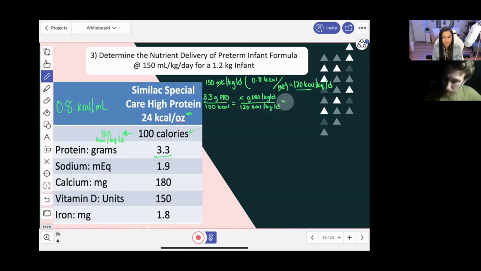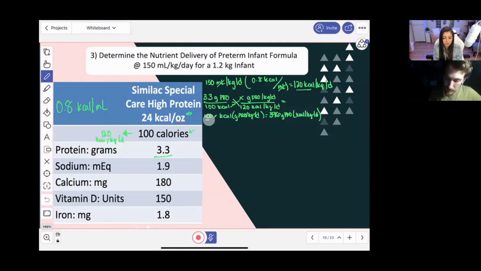See what that comes out to. So we're going to do 100x kcal times grams of protein per kilogram per day equals 396. Thank you very much. 396 grams of protein times kcal per kilogram per day.